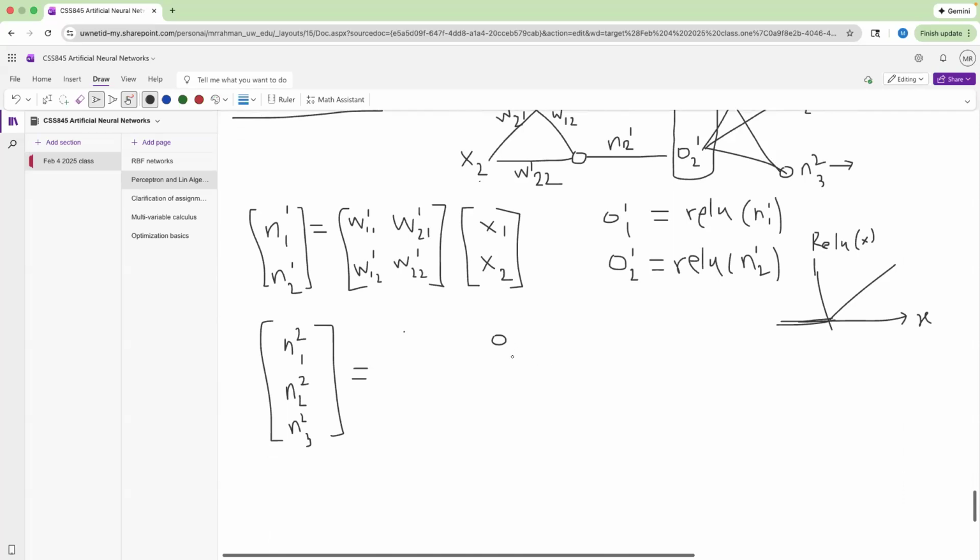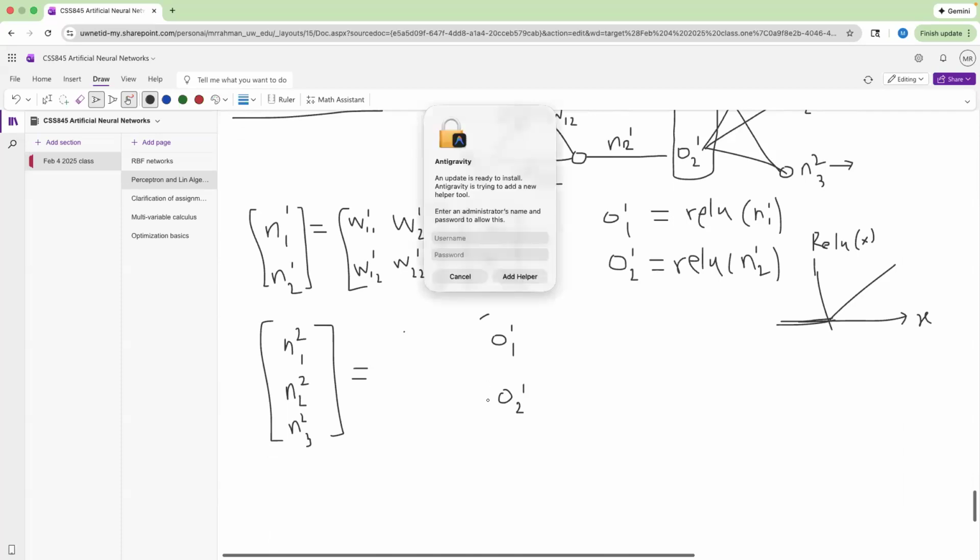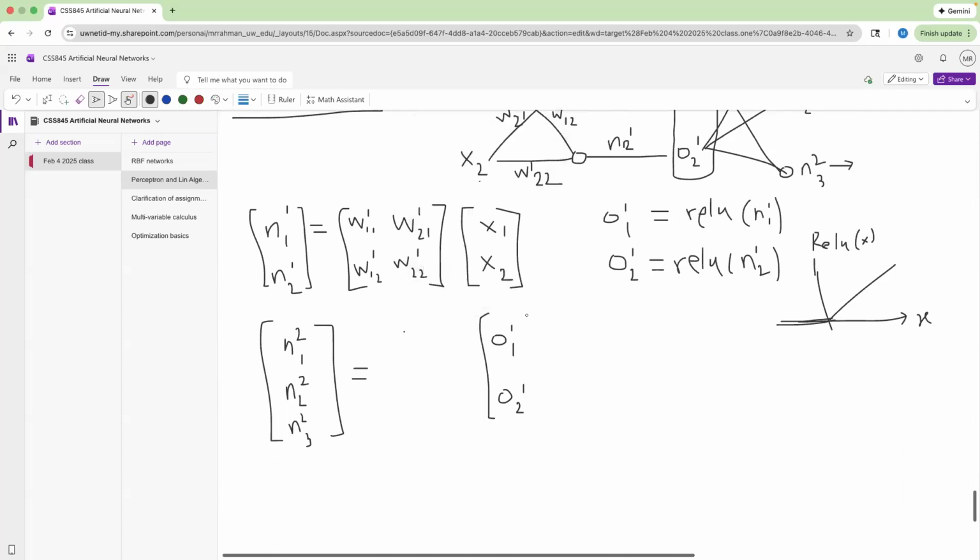So the input is O11 and O21. And now I need a matrix here, which would be a number of weight values. So can someone tell me what would be the dimension of this matrix?